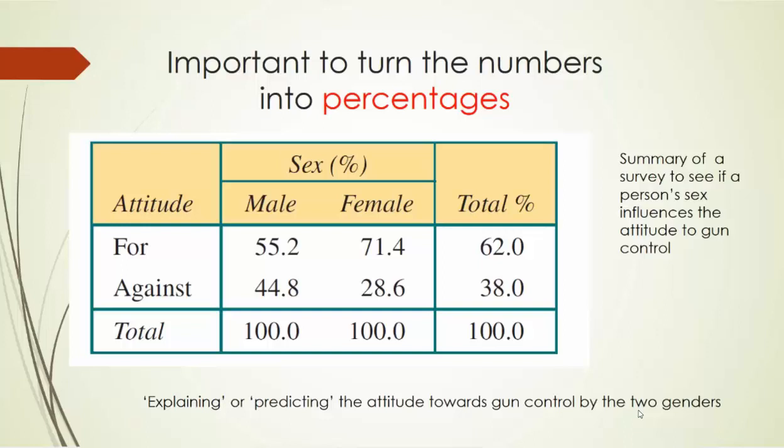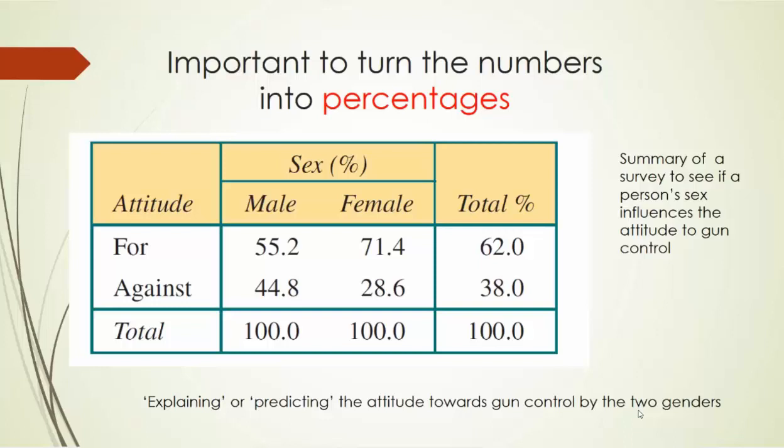Male 55% in favour, 45% against, female 71 in favour, 28 against. They're different, aren't they? Who's more in favour of gun control, men or women? Women, all right? If that's evident from those numbers, we can say that there is an association between gender and gun control.